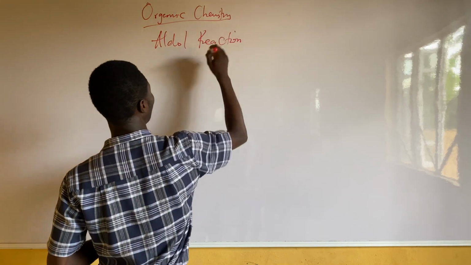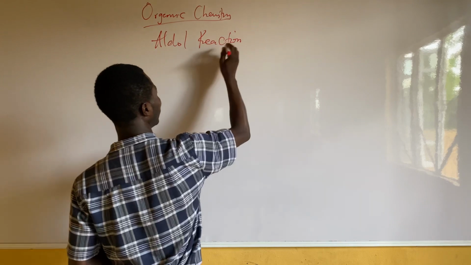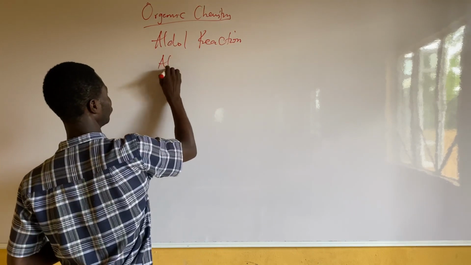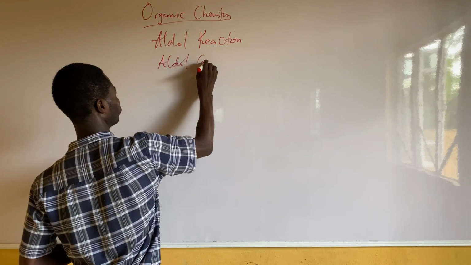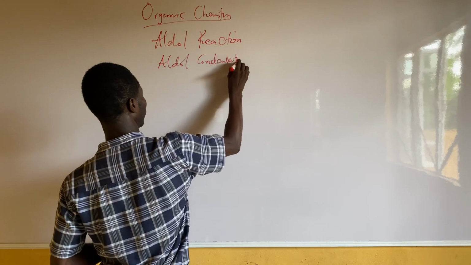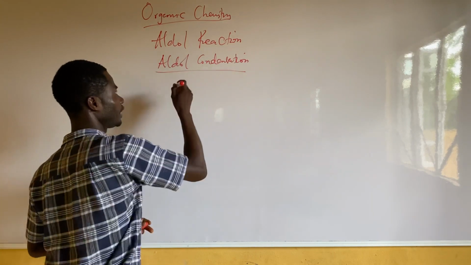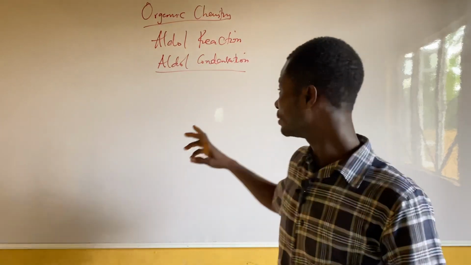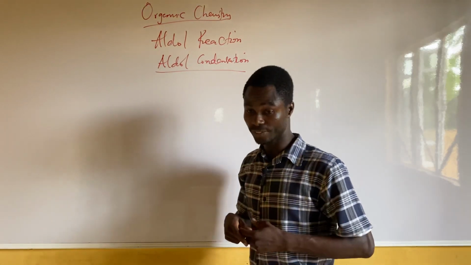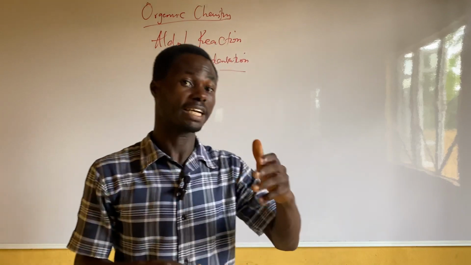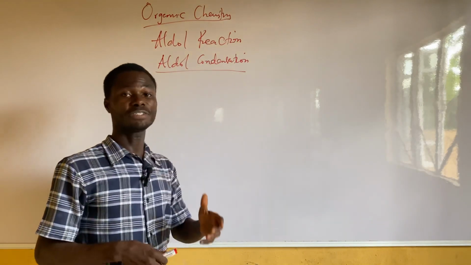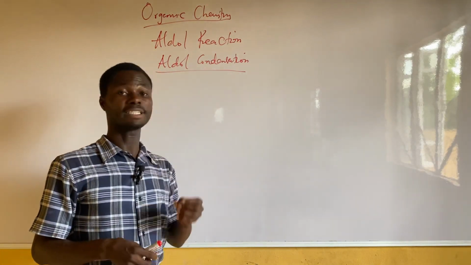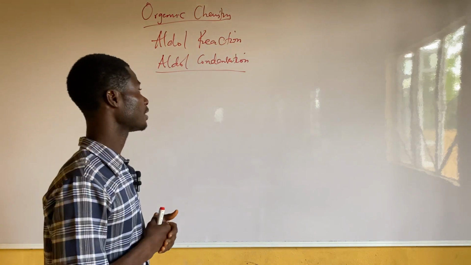All right, or what we can call Aldol reaction or Aldol condensation. So I want to assume you're already familiar with different kinds of mechanisms involved, such as heterolytic, homolytic mechanisms, pericyclic mechanisms and so on.